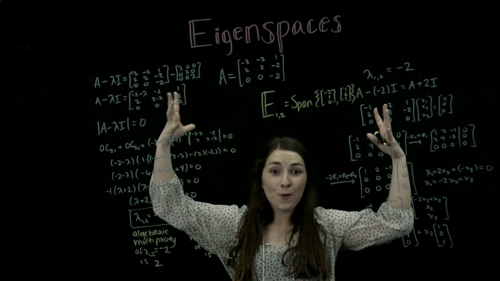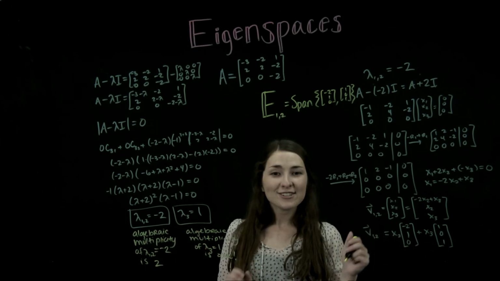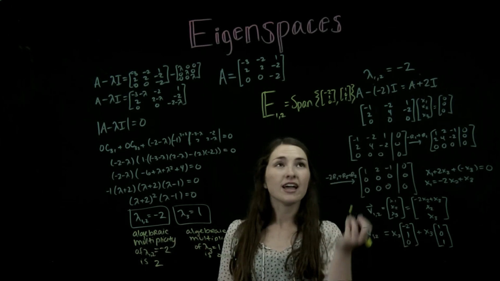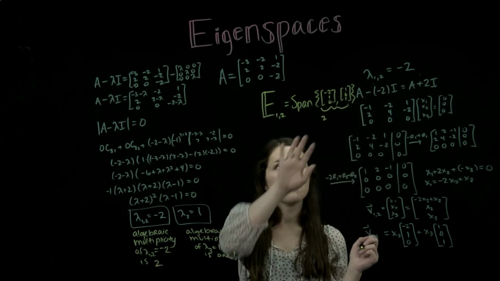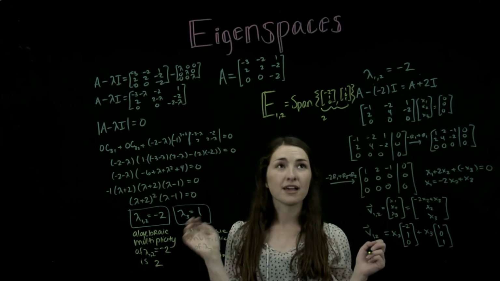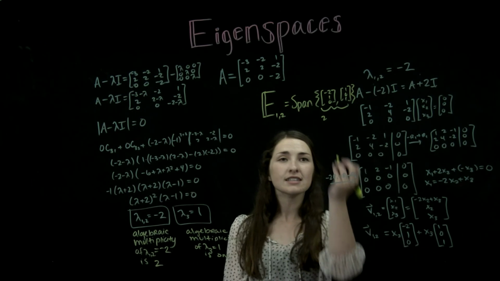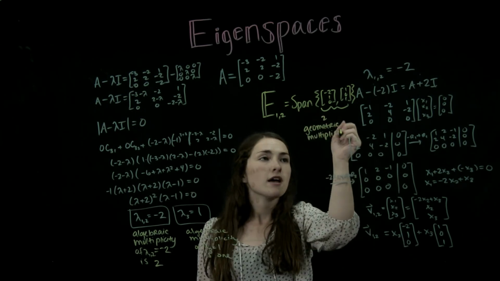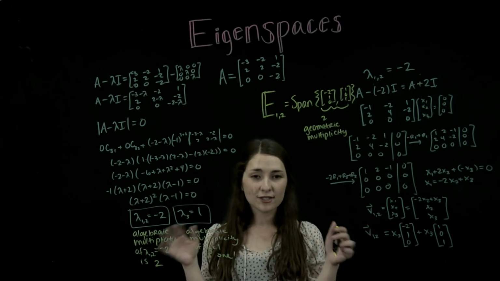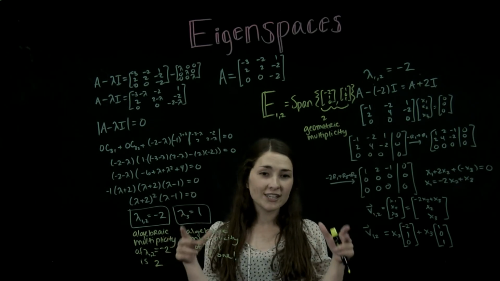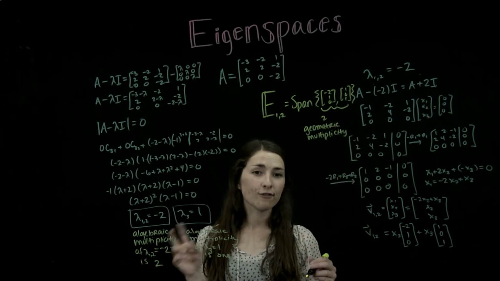Wow, mind blown, right? This is incredible. So our span of these 2 is going to have a dimension of 2, because the basis for this eigenspace has 2 vectors, so it has dimension 2. So this is our geometric multiplicity. And if you think about this geometrically, we have a plane as our solution space, which is 2-dimensional, so that means we have a geometric multiplicity of 2.